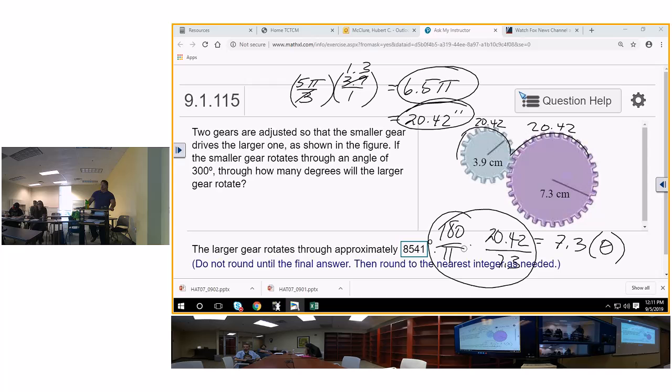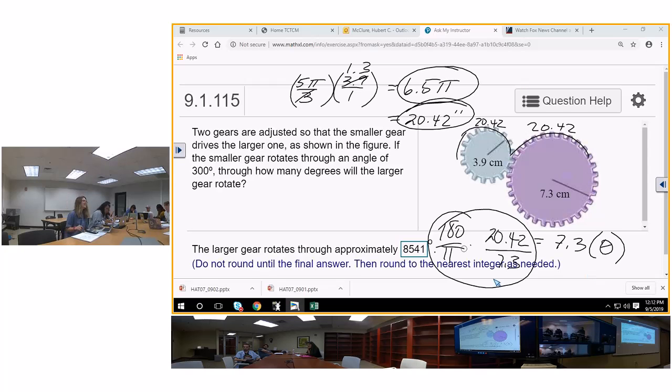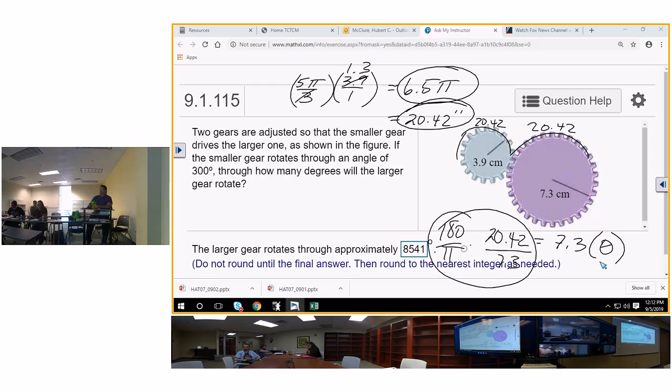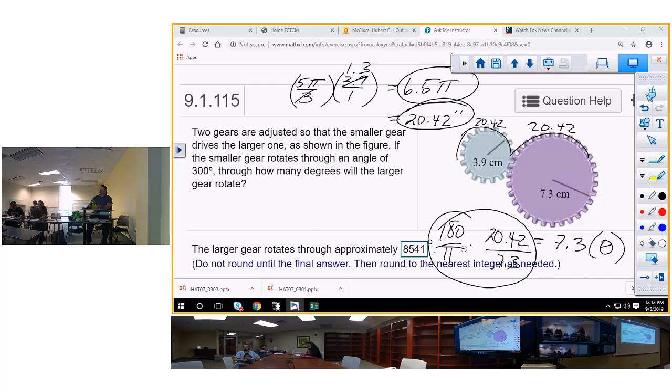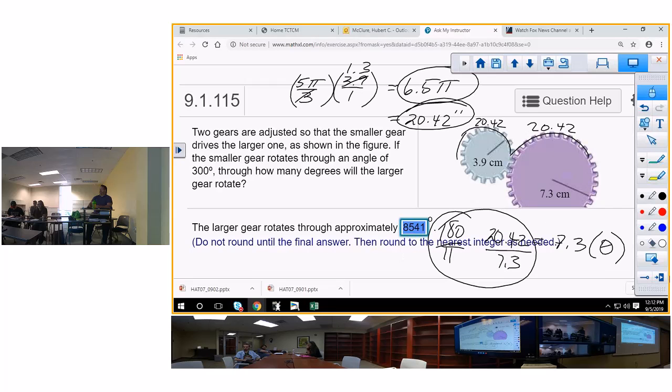How many degrees? 8,541 degrees. Somebody's on fire with that 8,000. Woo! That thing is spinning. What does it come out to be? I think 160. Is that what y'all got? Yes, sir. And we feel good about ourselves.